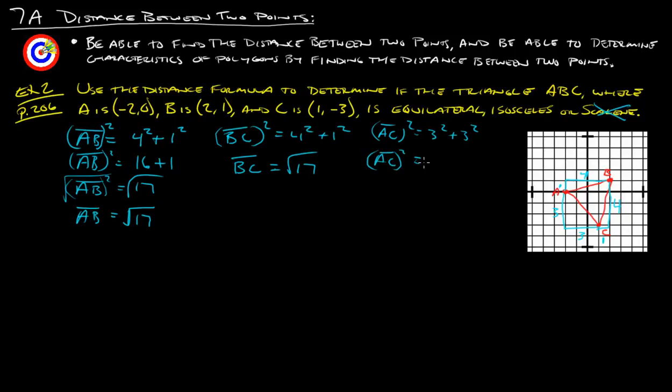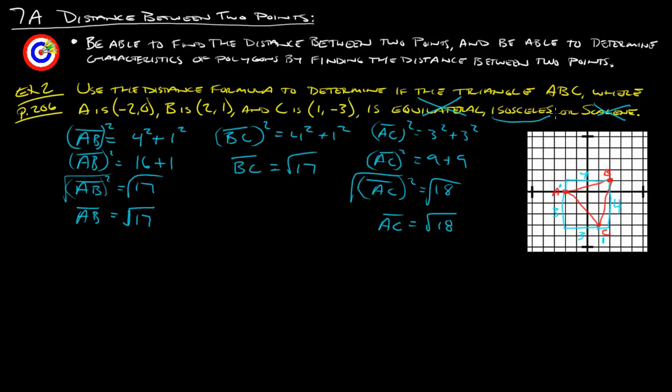So AC squared is going to be 9 plus 9. So that is 18. So we square root both of those, and we get that AC is the square root of 18. Okay? So now we got square root 17, and square root 18.